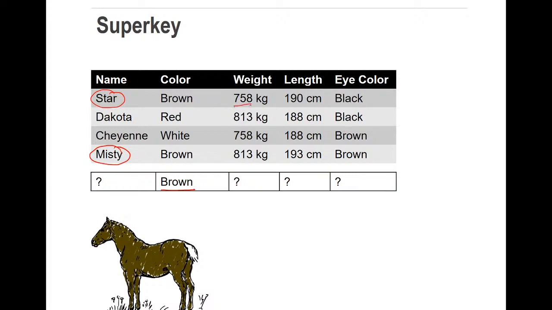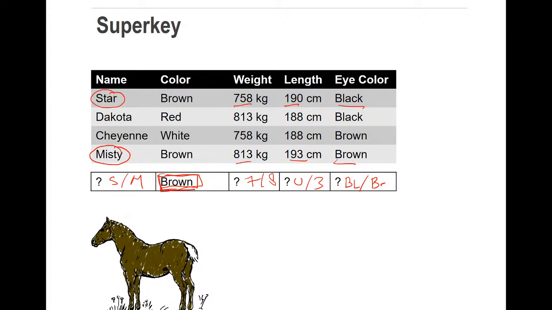Different weights as well, different length, and different eye color. So there is not a single answer to this question, where if I leave everything else blank and only give you the value of a color, I cannot uniquely identify the rest of the attributes. This can be either Star or Misty, 758 or 813, 90 or 93, either black or brown. Okay, it's not unique.